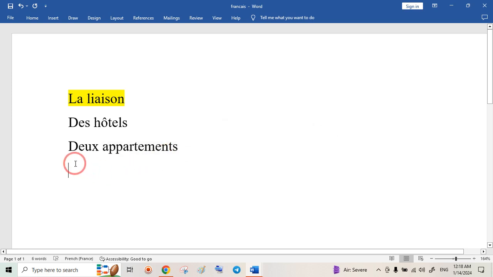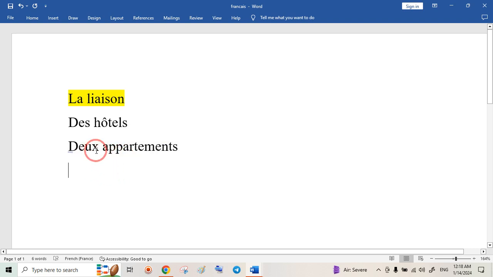So generally I can say them separately, but French native speakers prefer to mix the pronunciation of these words together and say des hôtels, deux appartements.